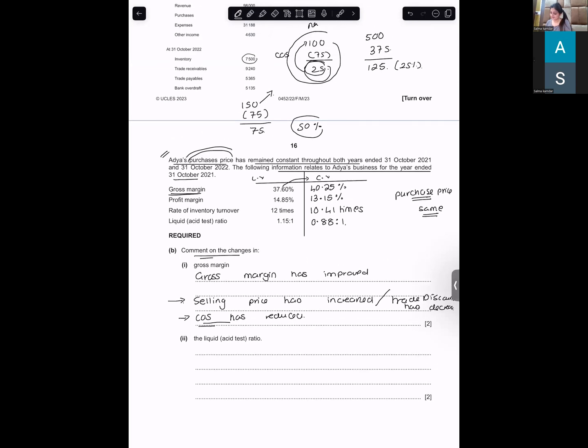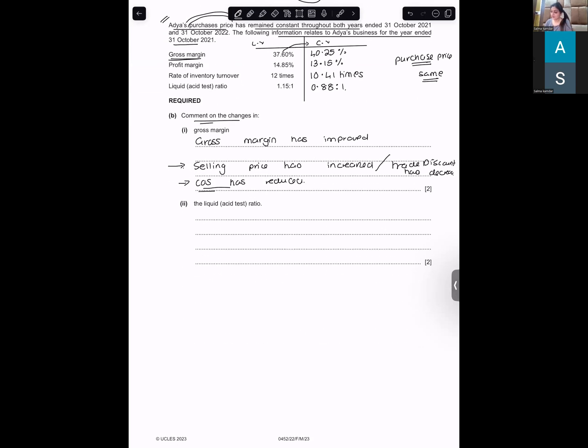Go to the next. The liquid acid test ratio. What does the liquid acid test ratio tell you? This is your liquid assets and this is your liquid liabilities. It tells you that your liquid assets can pay off your liquid liabilities immediately. It is 1.25 to 1.